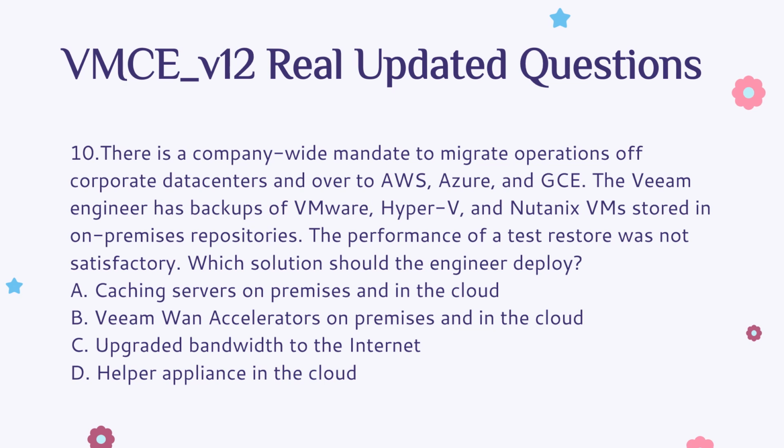Which solution should the engineer deploy? A. Caching servers on premises and in the cloud. B. Veeam WAN accelerators on premises and in the cloud. C. Upgraded bandwidth to the Internet. D. Helper appliance in the cloud.